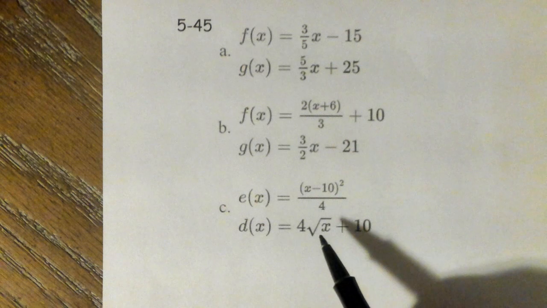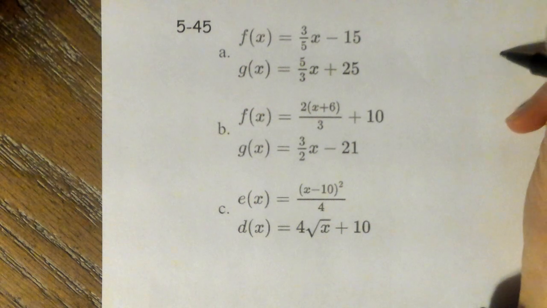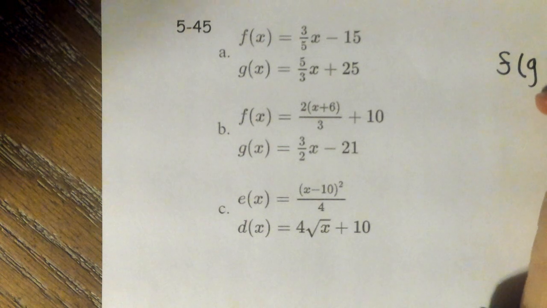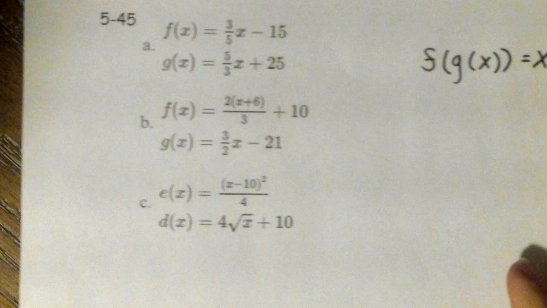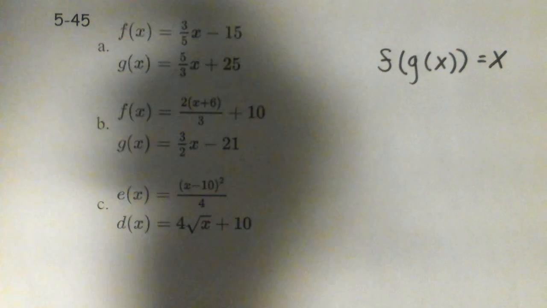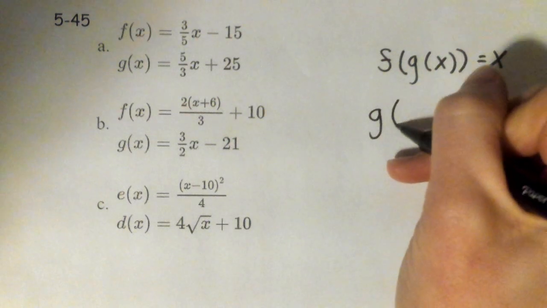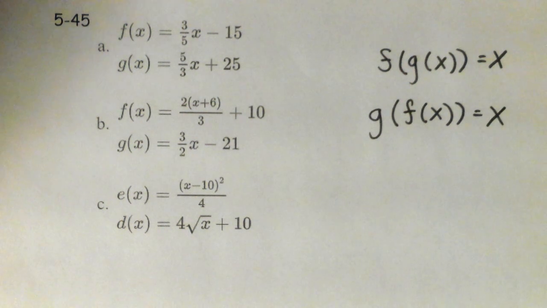So it's A, B, and C. Remember, you can verify either f of g of x, and it will give you x, or you are verifying g of f of x. And if it does equal x, that means that they are inverses.